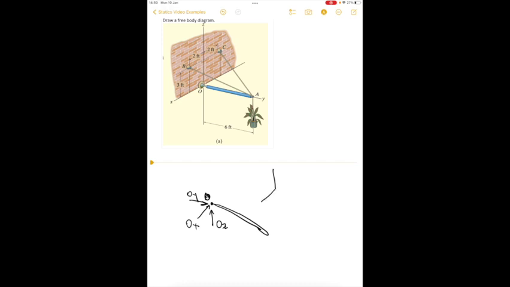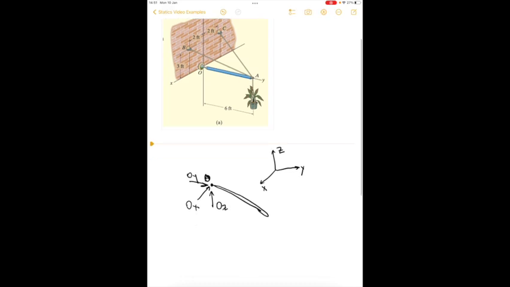So if we were to define our X, Y, and Z axes like this, it would mean that OY would be positive, OX would be negative because it's pointing in the negative X direction, and OZ would be positive, according to the way that we've drawn our diagram.